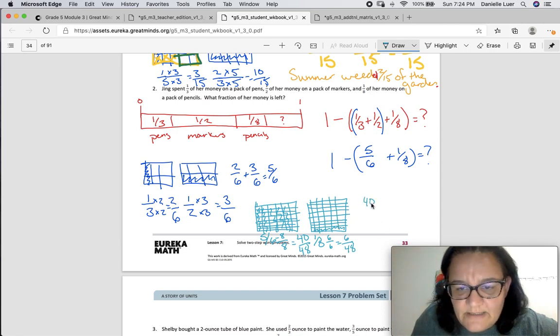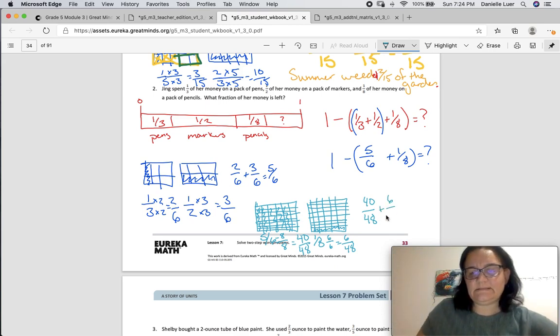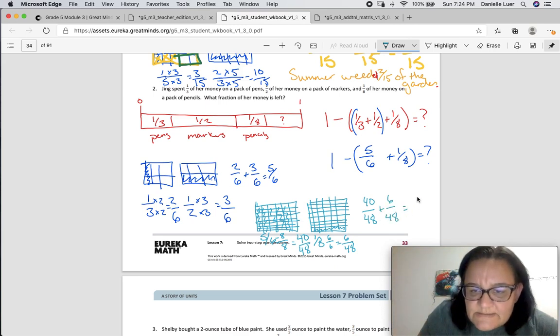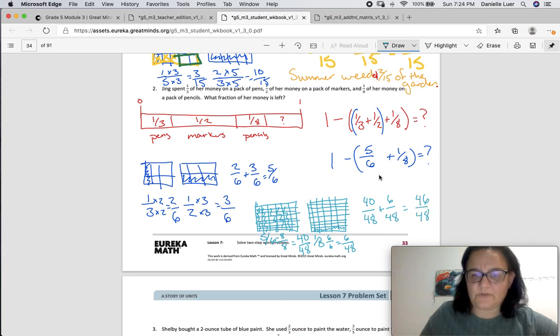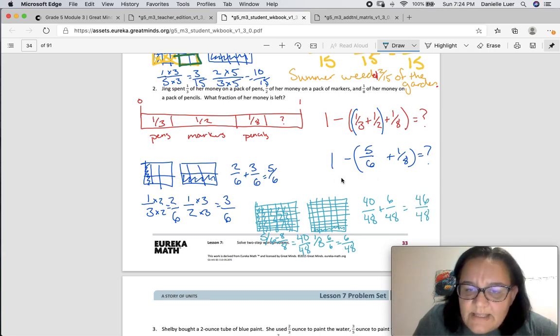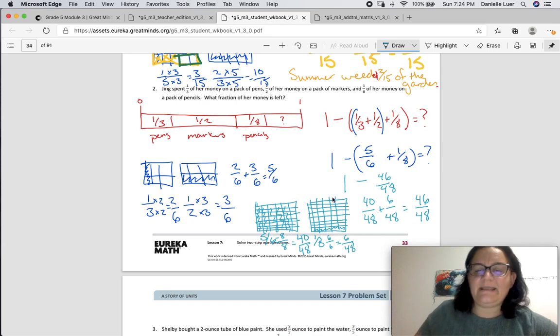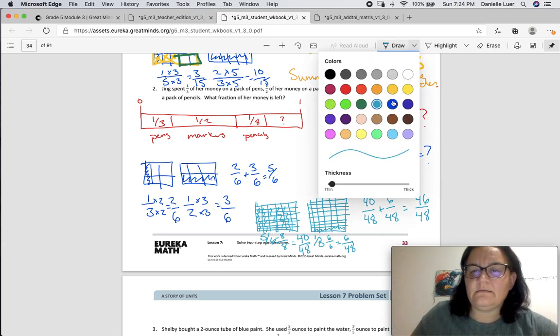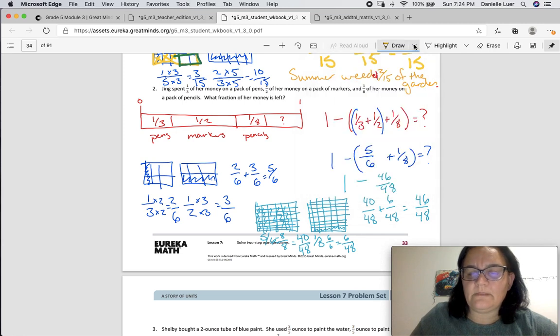Okay, 40 48ths plus 6 48ths equals 46 48ths. Okay, so I can do 1 minus 46 48ths. And again, I'm going to turn this into a fraction here.